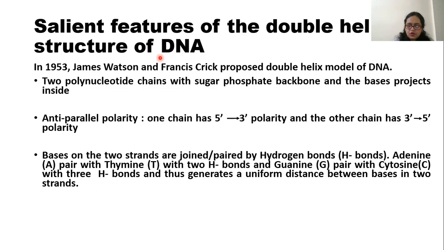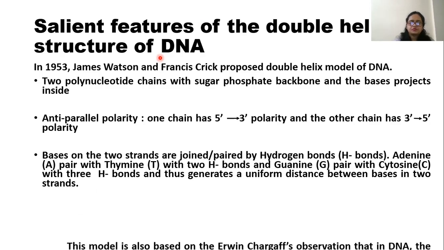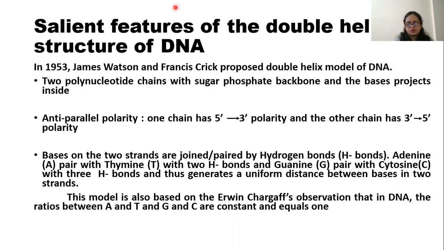This also generates uniform distances between the bases in the two strands. This model is also based on the observations made by Erwin Chargaff. What was his observation? That the ratio between adenine and thymine, and guanine and cytosine, is constant, and that equals 1.